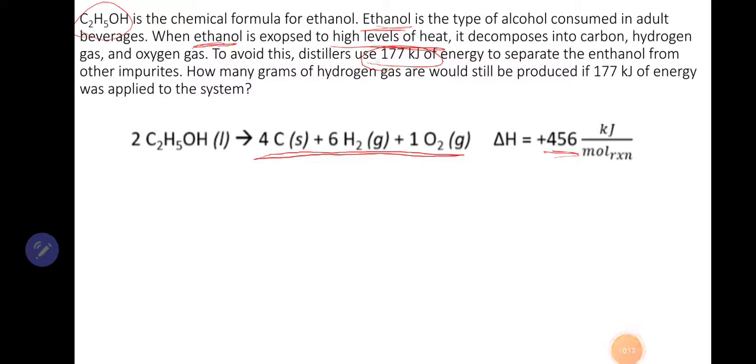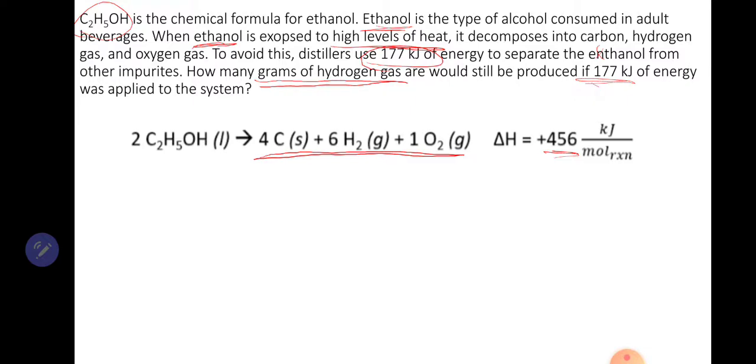So because distillers use 177 kilojoules of energy to separate our ethanol from impurities, a typo, there shouldn't be an N right there. We want to know, we're still going to see a little bit of decomposition. So let's see how many grams of hydrogen gas are we still going to get even after we reduce the heat to this much. So this is, again, it seems complicated, but it's not.